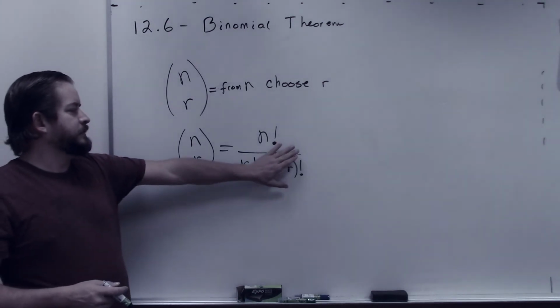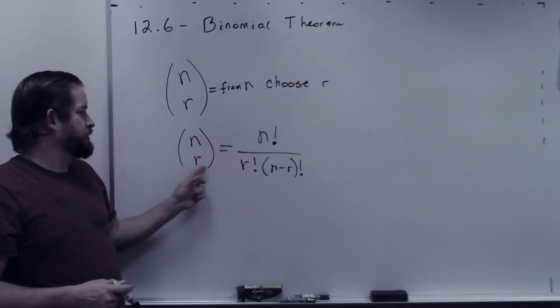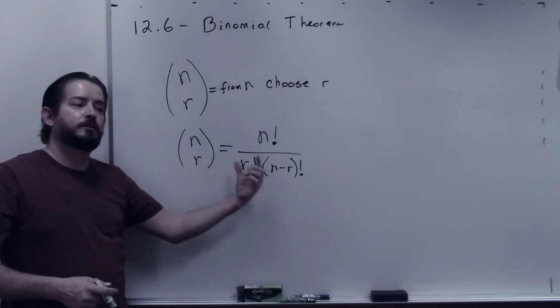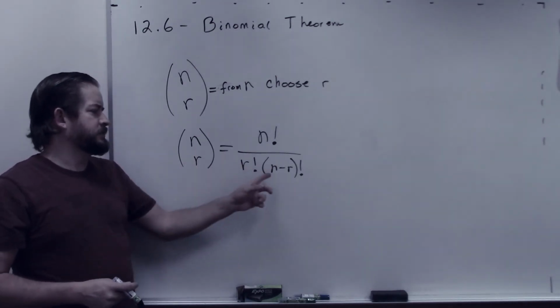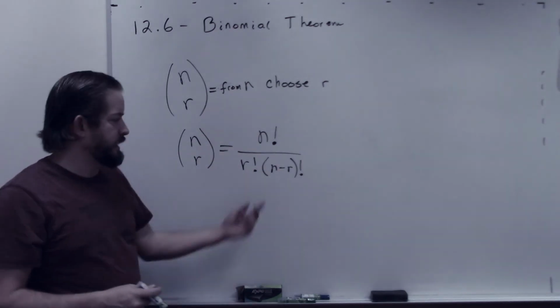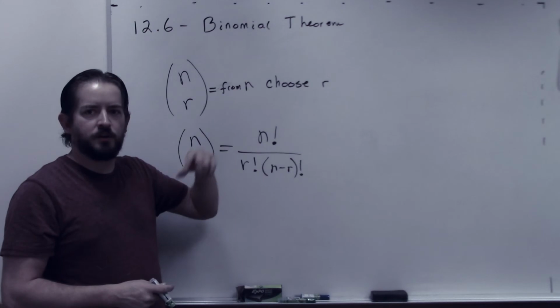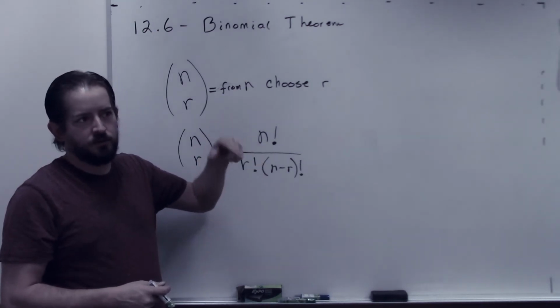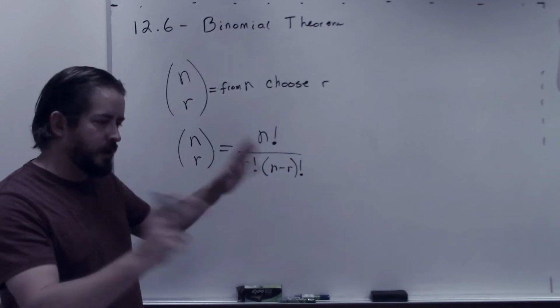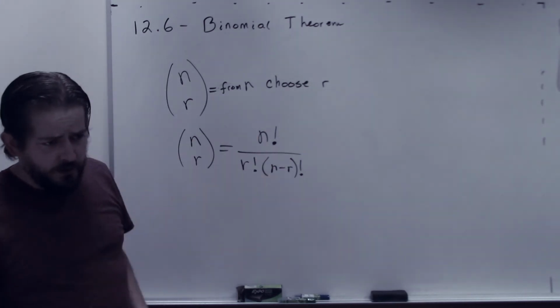So it's pretty easy to think of just taking n factorial, r factorial, but you also have to divide by the difference of the two numbers factorial, right? And that's to account for, I mean, this doesn't matter, this is probability, but that's to account for if you chose belt 1, 2, and 3, that's the same as choosing belt 2, 1, and 3, you know, those duplicate kind of items. But again, that doesn't matter.